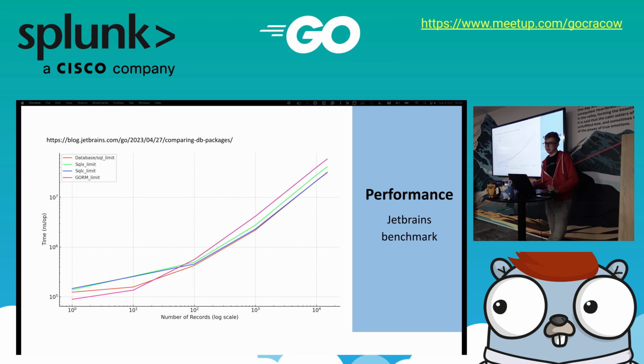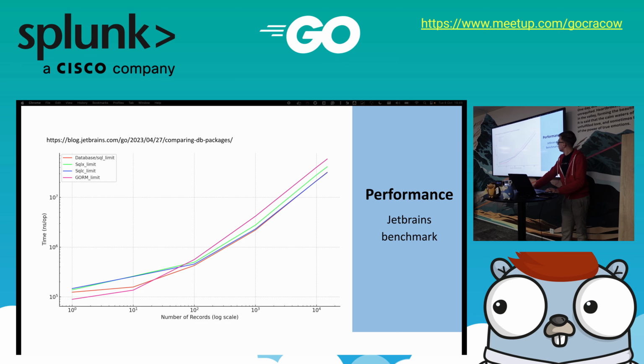And the better performing query will have the lower time per operation. So as expected, database SQL and basically sqlc are at the same time on the top. You need to remember that the lower values with 10 and 1 records are suffering from some measurement uncertainties.